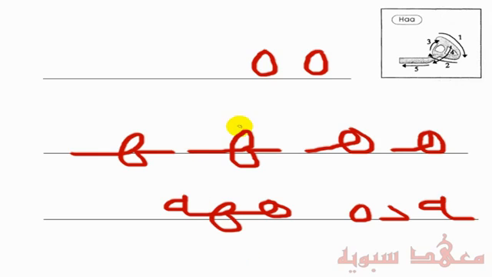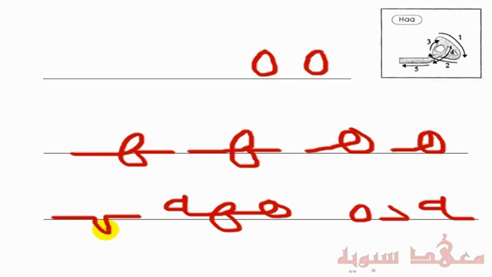We spoke about this form of ha in the middle of the word. Actually, there's another way of writing it, which is as follows. So you start off here, and you just go down like this, and come back up, and then go across. So instead of doing this, you can just do this, and that's a ha.